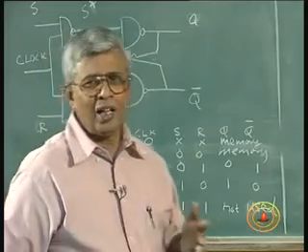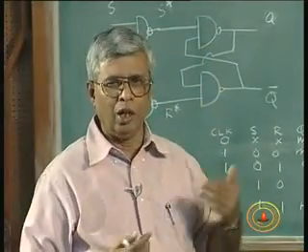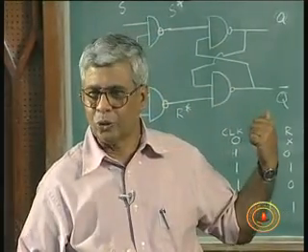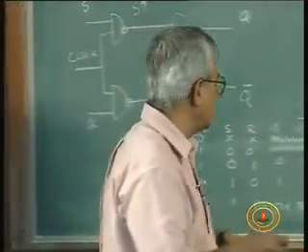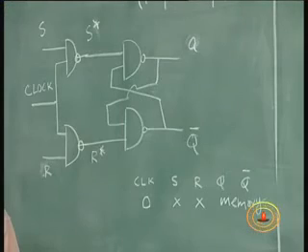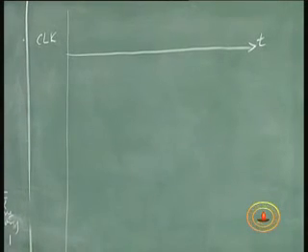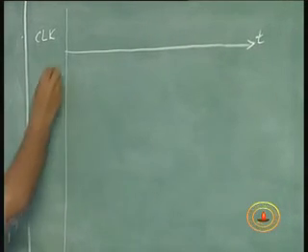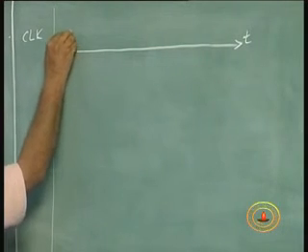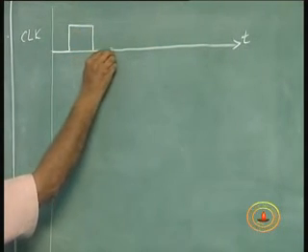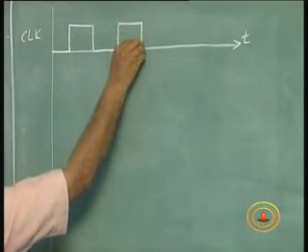What is a clock? A clock is nothing but a signal which goes from high to low. All I want is a clock to be high or a clock to be zero. If you draw the clock signal as a function of time, it's a signal which goes from 0 to 1 to 0 to 1. Whatever is the value of 0 and 1 defined in your hardware.